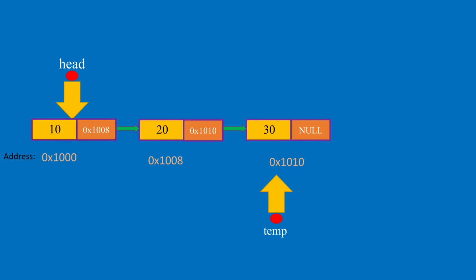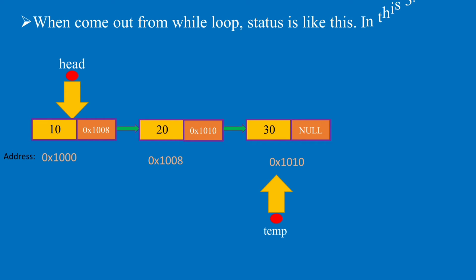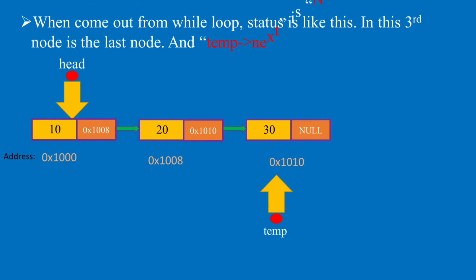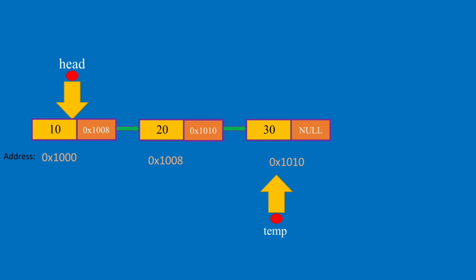Now, try to understand what action needs to be taken once we come out from the loop. When it comes out from while loop, status is like this. In this, third node is the last node. And temp pointer next is null. We have new node prepared previously, like this.